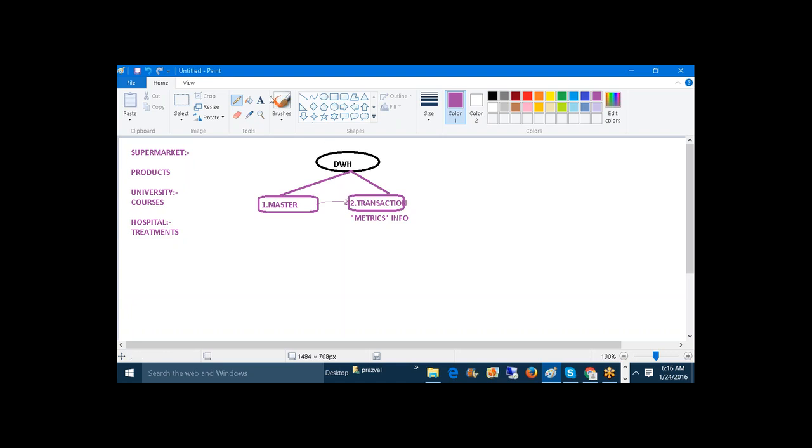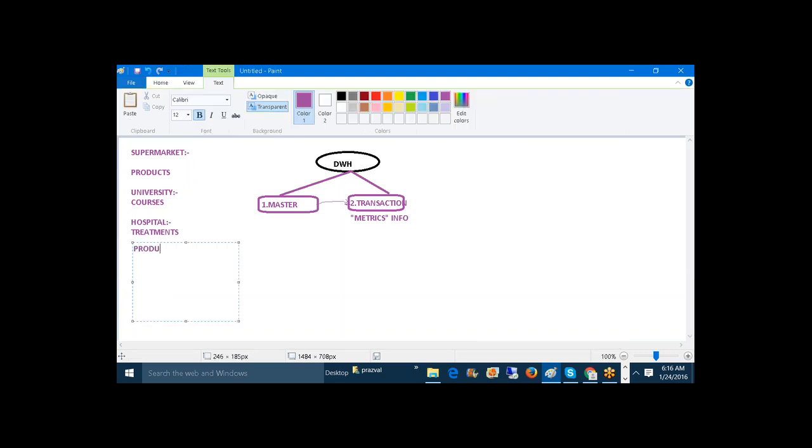Let's say, for example, in a supermarket I have 4 products: A, B, C, and D. Now I would like to compare the performance of all these 4 products.